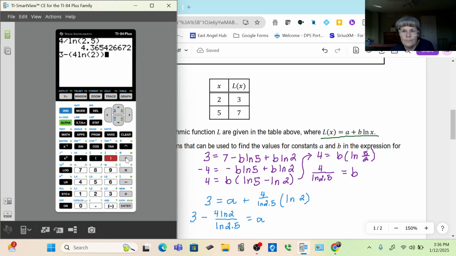So that value divided by the natural log of 2.5, close my parentheses, and I have a is approximately negative 0.026 if I'm rounding it. If I'm truncating it, it's negative 0.025. So a is approximately negative 0.026.